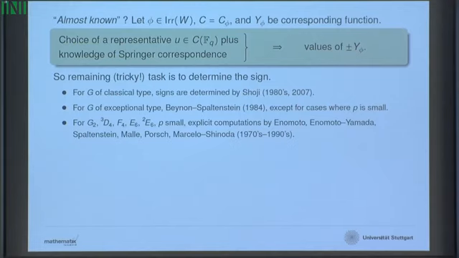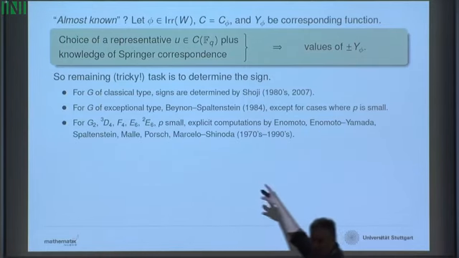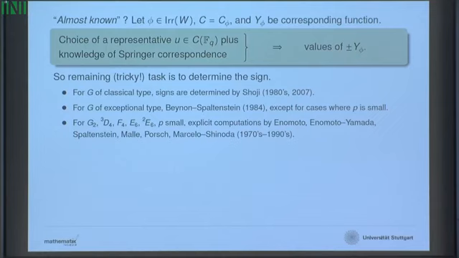For exceptional type, already Beynon-Spaltenstein did actual computer calculations back then, what ICC table of Jean-Michel does now in 10 seconds for E8. I don't want to know how long the computers were running back then, but they could only handle primes which were not too small. For example, for E8, this means good primes, so except for 2, 3, and 5.